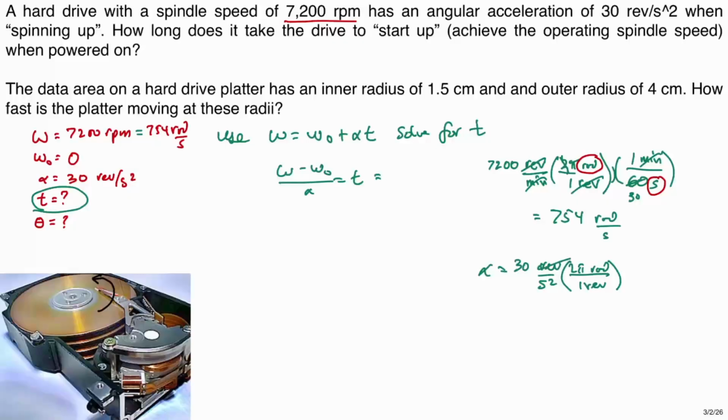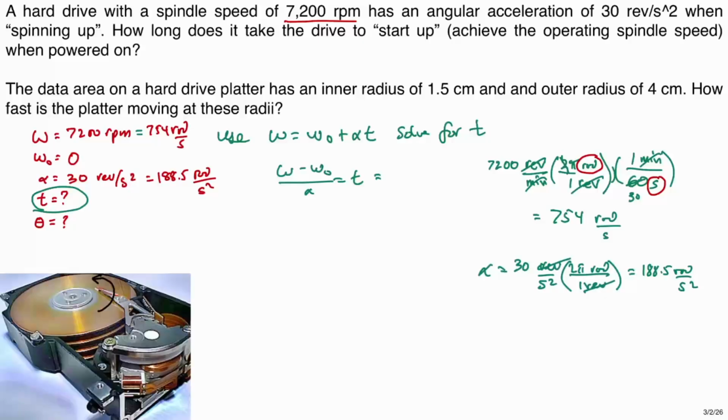There we go. Revolutions will cancel, and I'll get a radian per second squared. When I did this, I got 188.5. So I'll put that over here in my list. Radians per second squared.